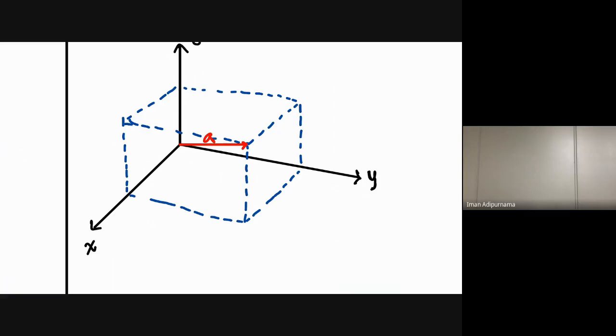Okay, now the angle between this A and the other axes, at least we will have three angles. The angle from X to A, the angle from Y to A, and the angle from Z to A. Okay, let's define all those three angles first.